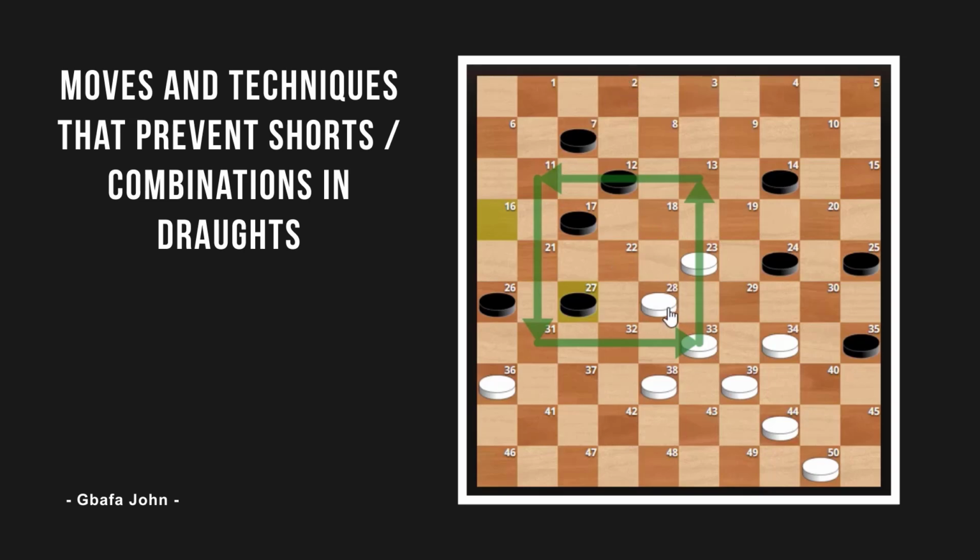So what you need to do is to remove this piece. So this piece must be removed. If you look at it, if you play, black would take to king at 49. So you need to play 44, 40 to transport the piece at 35 to 44. Then we can play 28, 22 for this piece to be transported to 40.